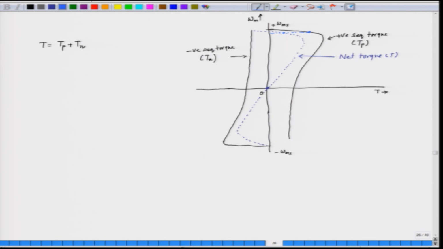If the load is fixed, the characteristic is decided by the intersection of the load with the motor characteristic. Say, if this is our load torque TL, earlier we were operating somewhere here, now it is single phased, we will be operating somewhere here.